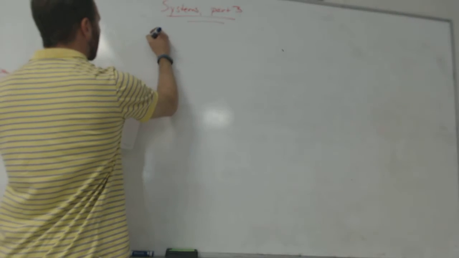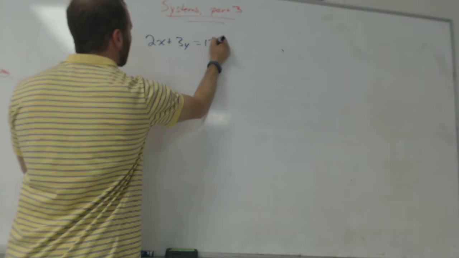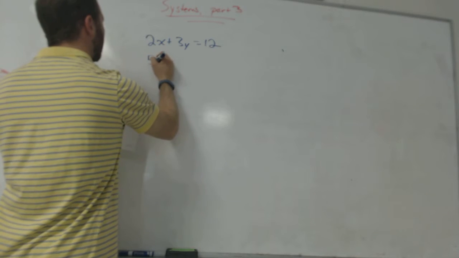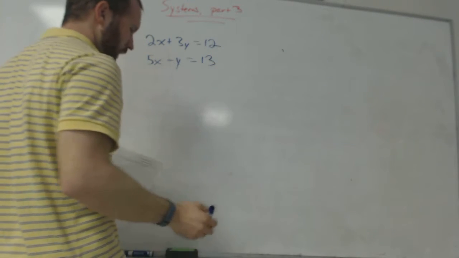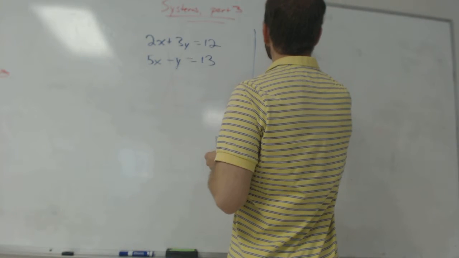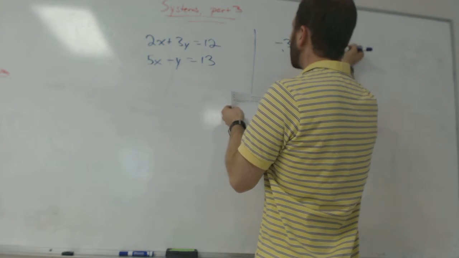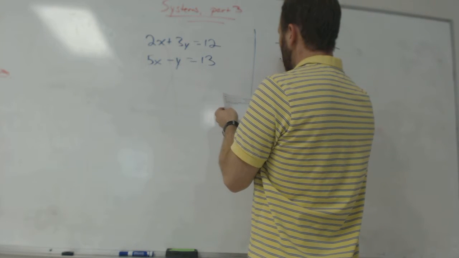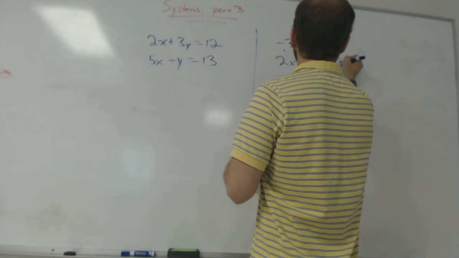Number 1: 2x plus 3y equals 12, and 5x minus y equals 13. Number 2: 3x plus 4y equals negative 6, and 2x plus y equals negative 8.